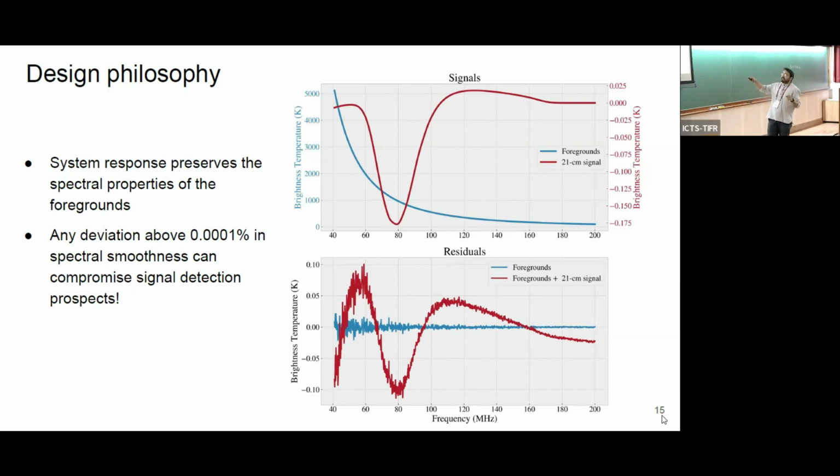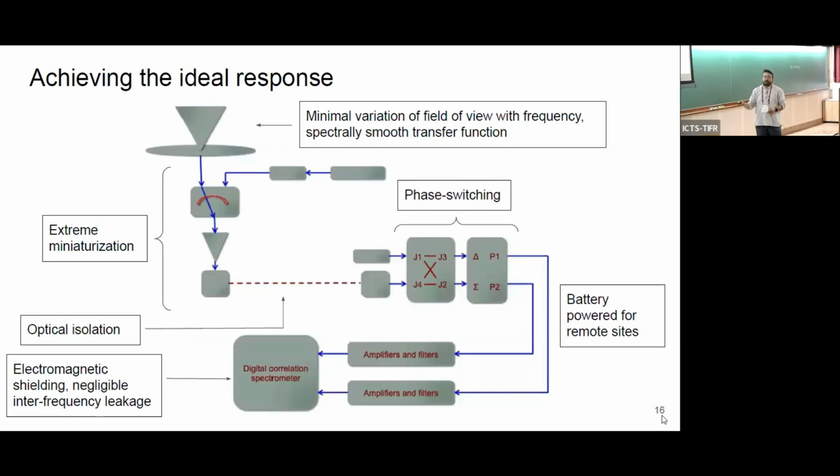So this is basically showing, in absence of any instrumental systematics, if you have a foreground that is thousands of Kelvin, a signal that is a few hundreds of millikelvin, if you just remove the smooth spectral modes from the data, if your data just has foregrounds, you get down to just noise. But if you also have a signal, you do extract it out. You have basically filtered out the foregrounds by just subtracting very low frequency modes in your data. But that's not really the case when you have systematics.